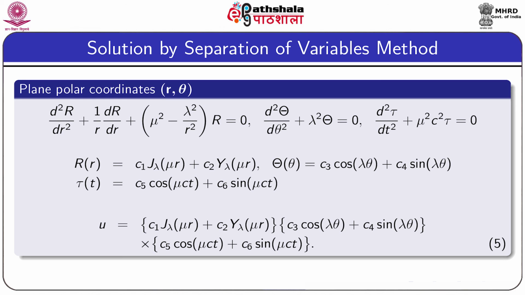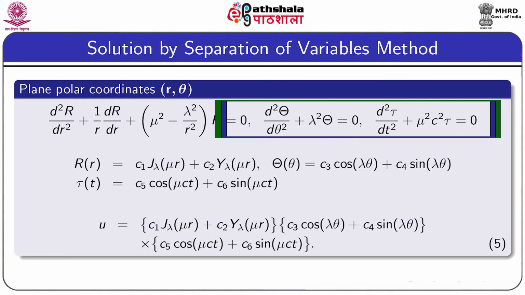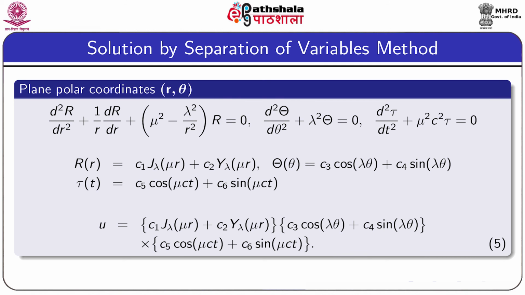And the Θ equation is given by d²Θ/dθ² plus λ²Θ equals 0, and the equation for T is d²T/dt² plus μ²c²T equals 0.